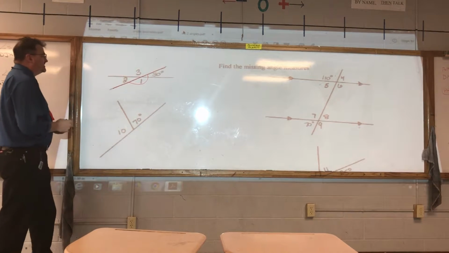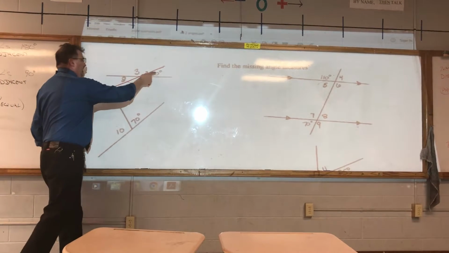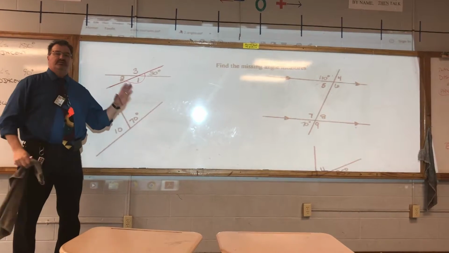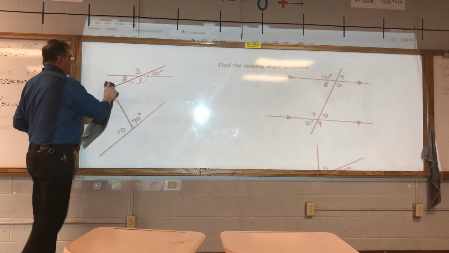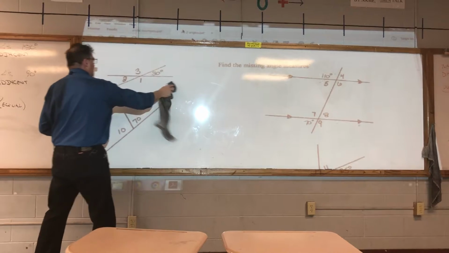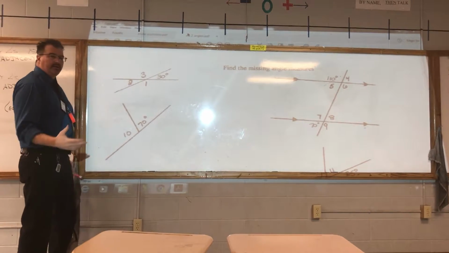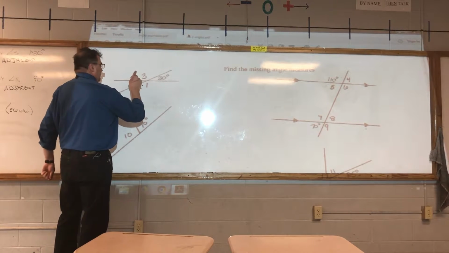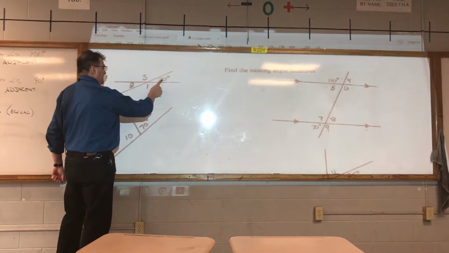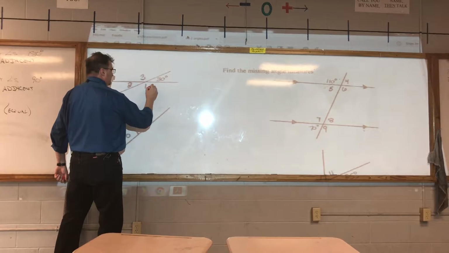That means that angle 1 and 30 are supplementary. Supplementary means that they add to give me 180. So in my mind, I say 180 minus 30, that's 150 degrees.